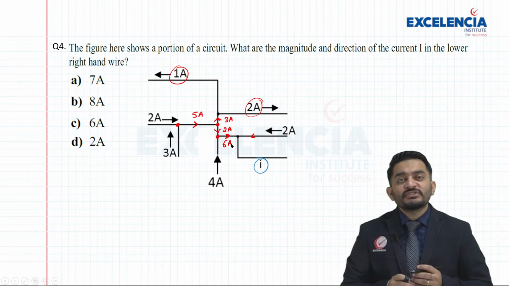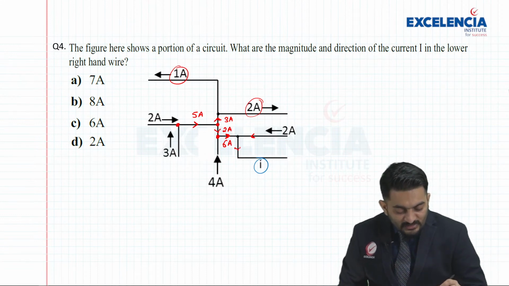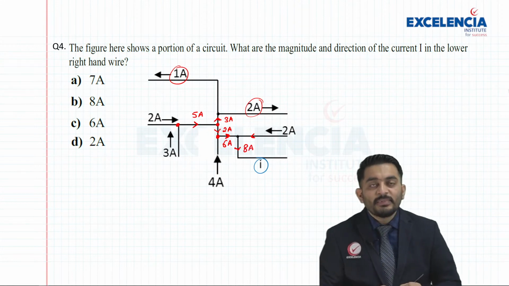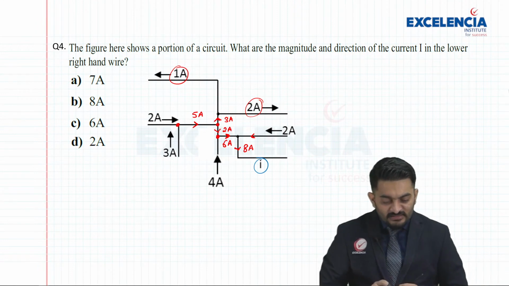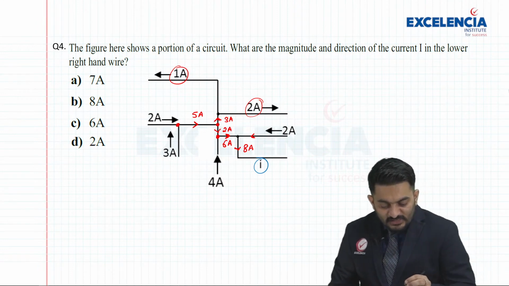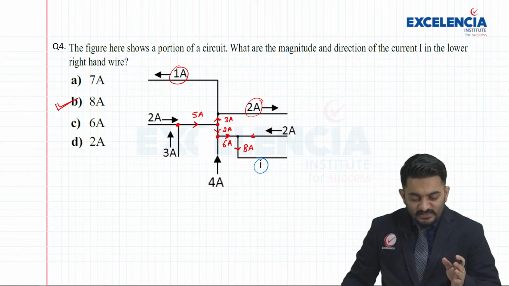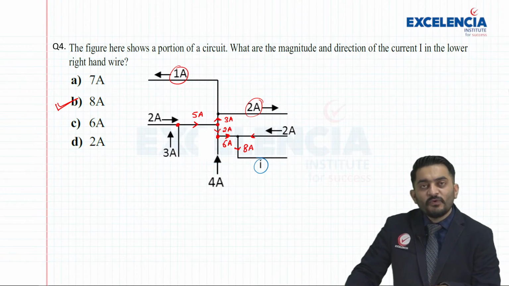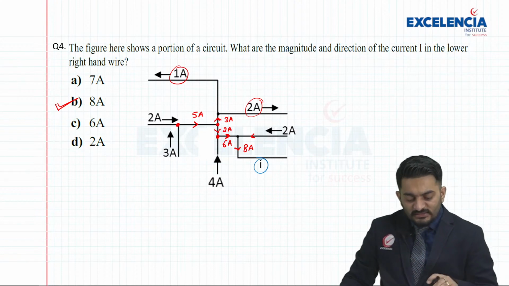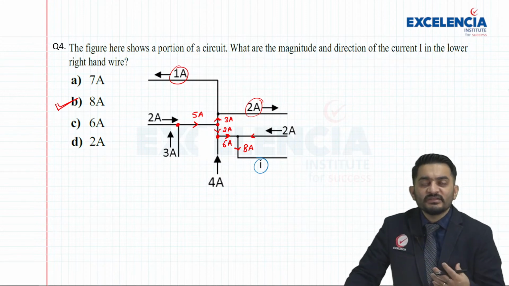So the total current entering the junction is 6 plus 2, which means the current leaving the junction is 8 amp. You can see one of the options given in this question is 8 amp. So that is the value of I. For question number 4, the right answer is 8 amp. I hope this technique is clear to you.